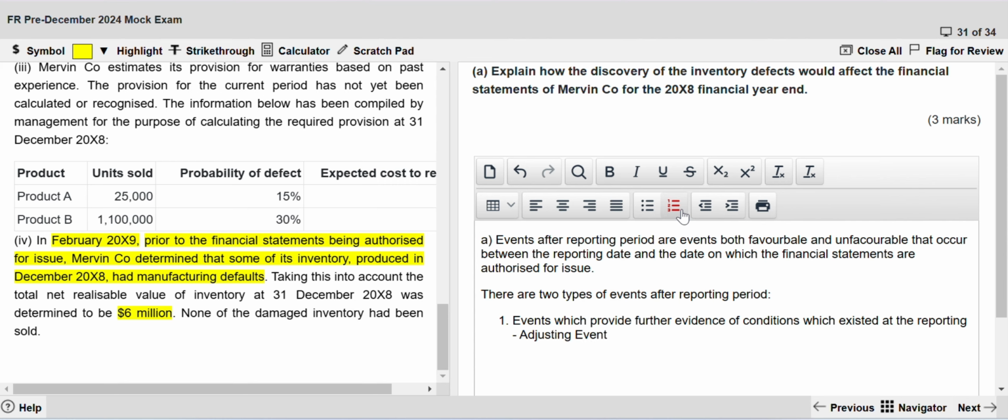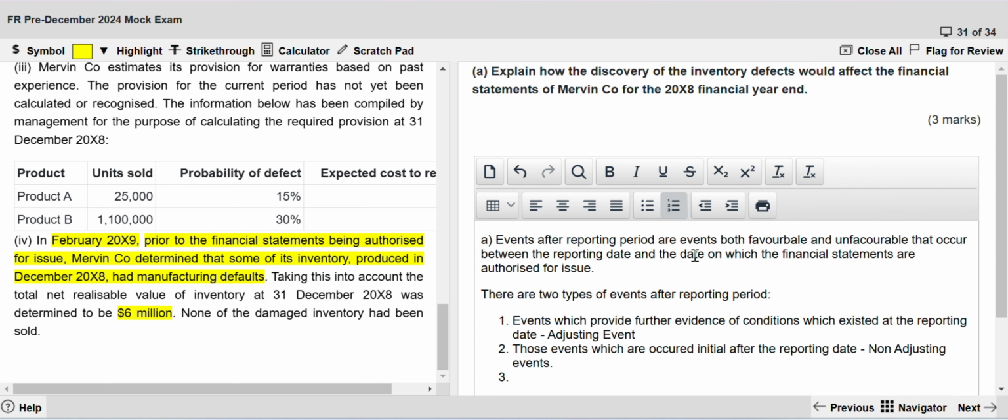So events which provide further evidence of conditions which existed at the reporting date, which means it gives us further information for events which had already occurred in the past, right? Those events which occurred initially after the year end, after the reporting date, are non-adjusting events.